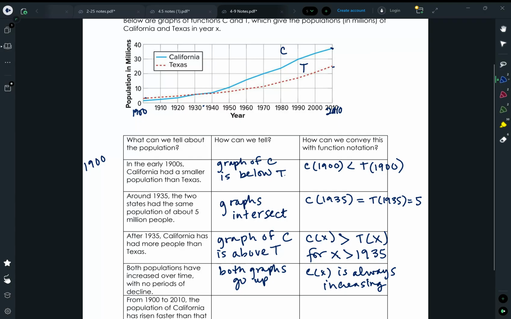I can just tell on my graph, right, that the slope of C is steeper. If I connected California from beginning to end, and then I connected Texas from beginning to end, the California graph is definitely more steep. So I think that would be my explanation here, that my California graph is more steep.